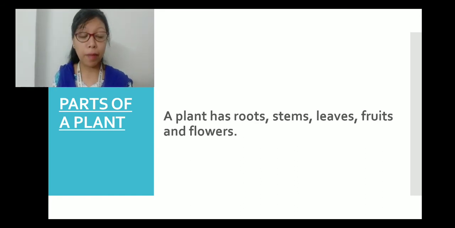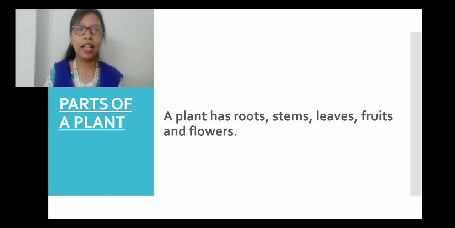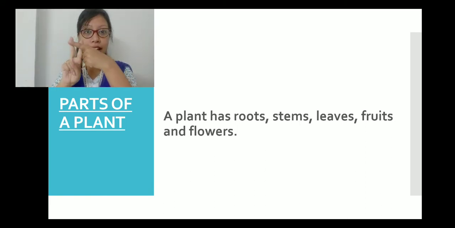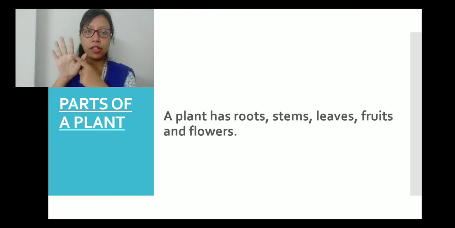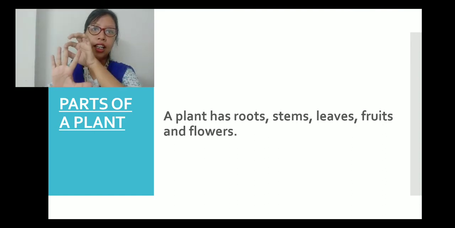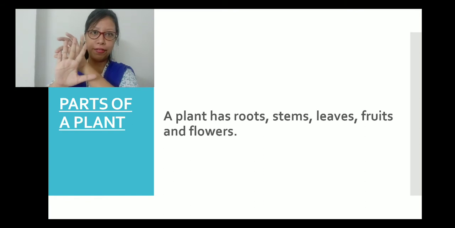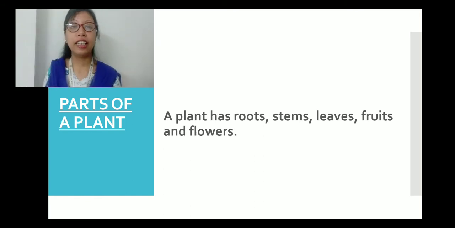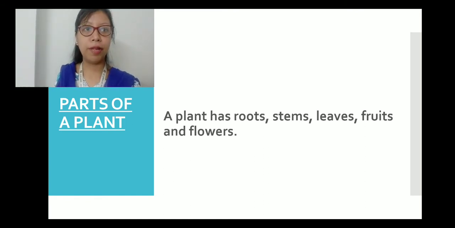So the parts of a plant. You have to remember, okay, a plant has roots, stems, leaves, fruits, and flowers. So there are 5 parts. What are these? Roots, stems, leaves, fruits, and flowers. These are the 5 parts of plants.